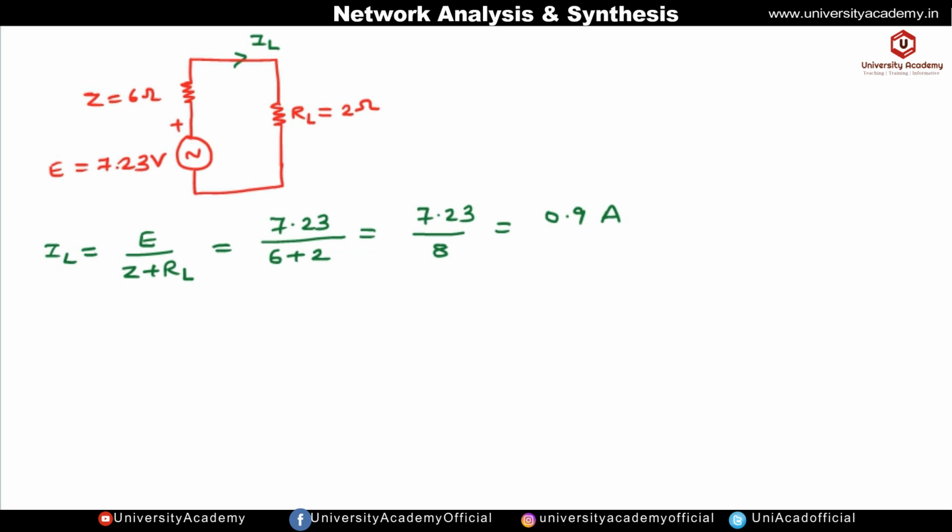So this is the load current. Also we have to find out the voltage across this load resistance, which is given by the formula IL into RL. IL value is 0.9 and RL value is 2, so it is 1.8 volt. Okay, so this is the answer.